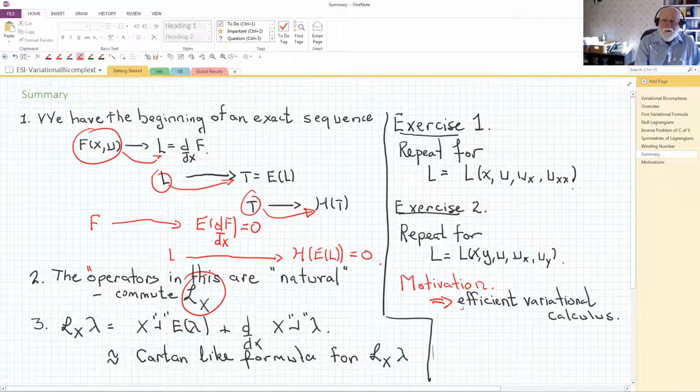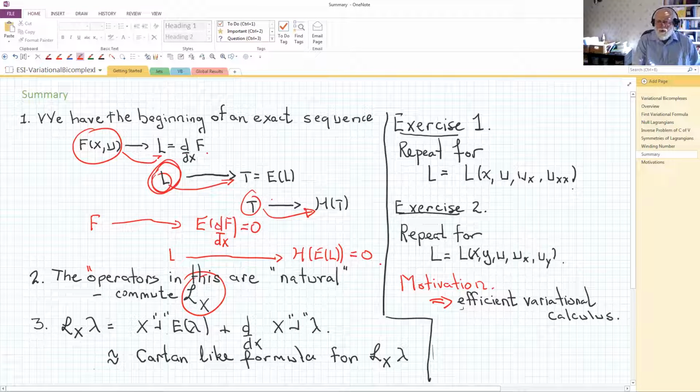So we're calculating the Lie derivative of an object in the middle of our little exact sequence, and it became a hook operator on the next operator in our sequence, the Euler-Lagrange operator. So it's hook Euler-Lagrange plus hook total derivative. So then it becomes a hook, the total derivative of, which is the operator at this level of our sequence.